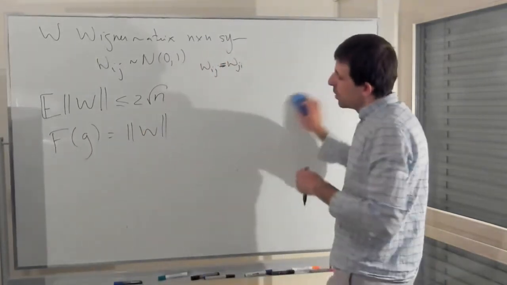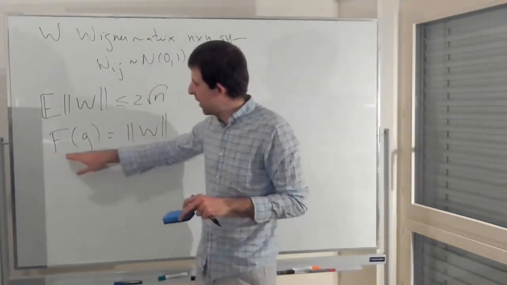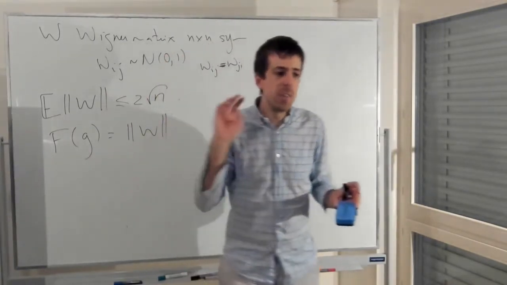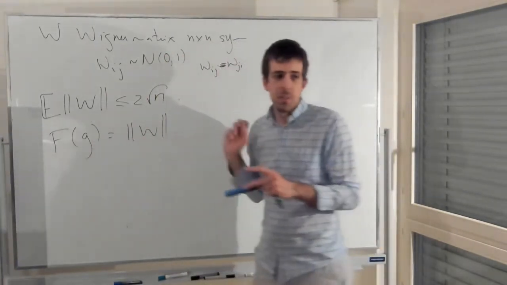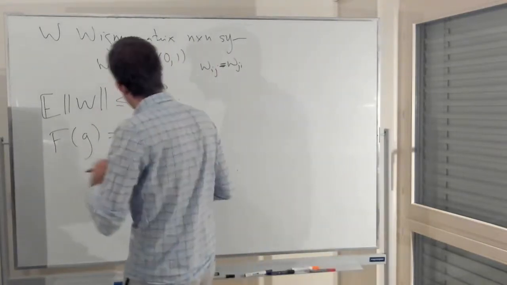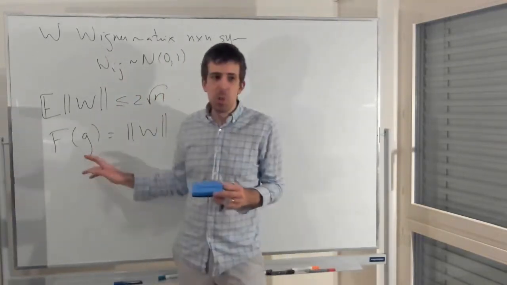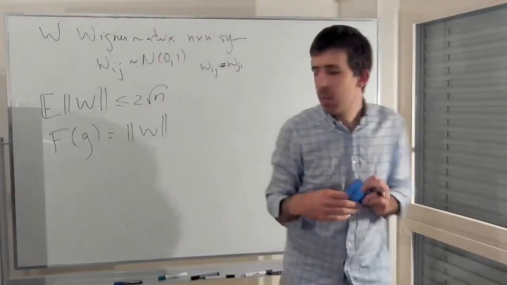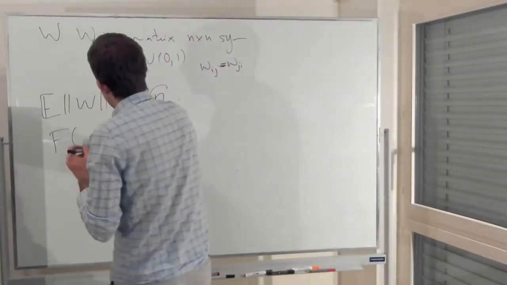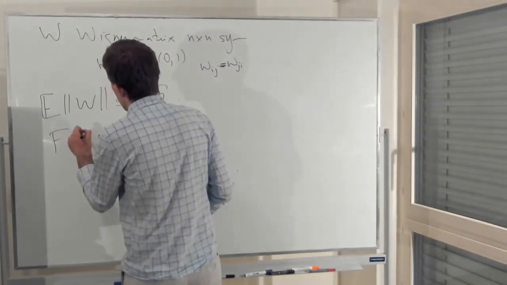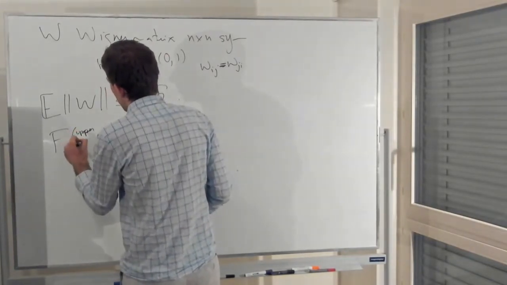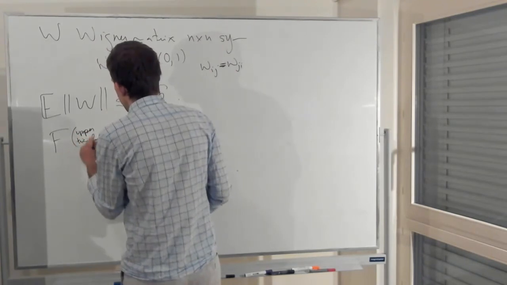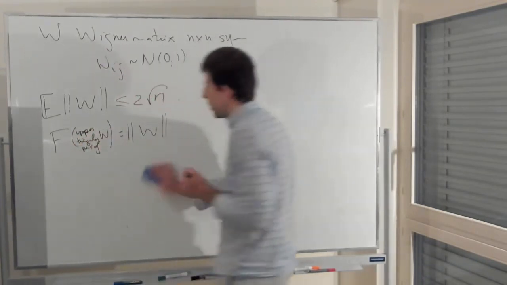The abusive notation is the fact that the Wigner matrix has a bunch of Gaussians in the entries. That's how I'm populating g. But I'm not just saying f of W, because W has the same entries on the upper half and the bottom half. So maybe I should say it is a function of the upper triangular parts of W, and gives the spectral norm of W.